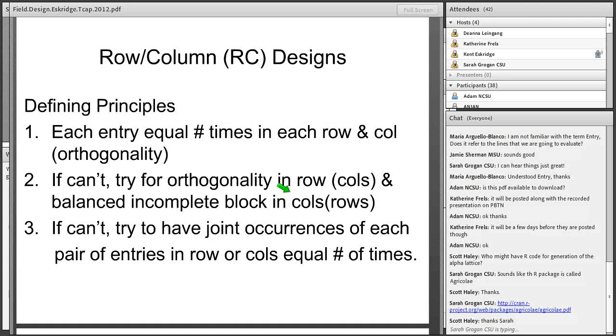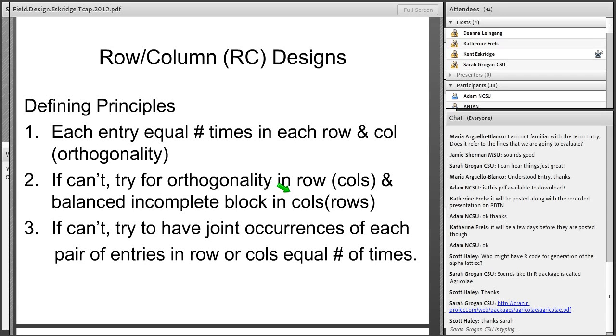So there are some defining principles in row column designs that we can use. Ideally, we want them to be Latin squares. A Latin square means that each entry appears an equal number of times in each row and each column. That's called orthogonality in a mathematical sense, or perpendicular in a sense. That's what we had in the first slide with row column designs: a Latin square is orthogonal in both directions, in both the rows and the columns.